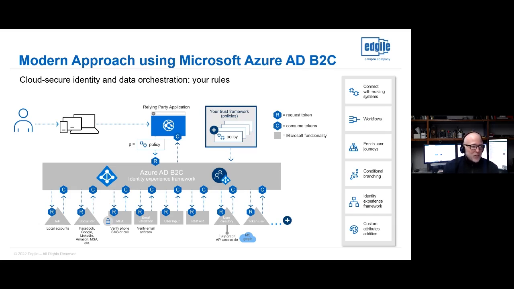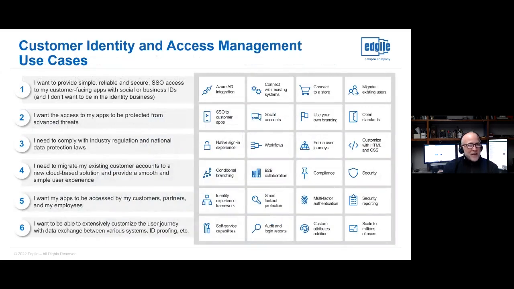There are organizations using this thing with hundreds of millions of active users. But it also works for organizations with just a few thousand active users. So, as a cloud solution, it will scale to whatever dimension is needed. So we've got XML policies that handle all of these use cases.